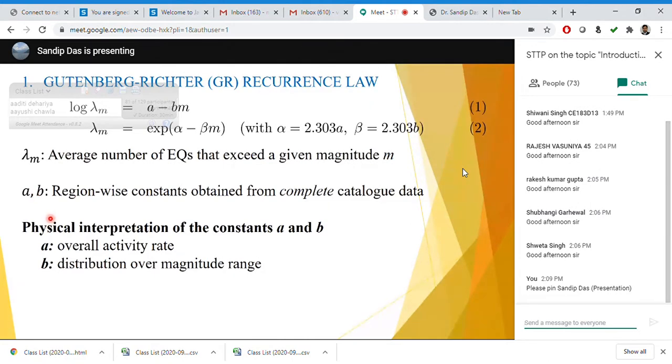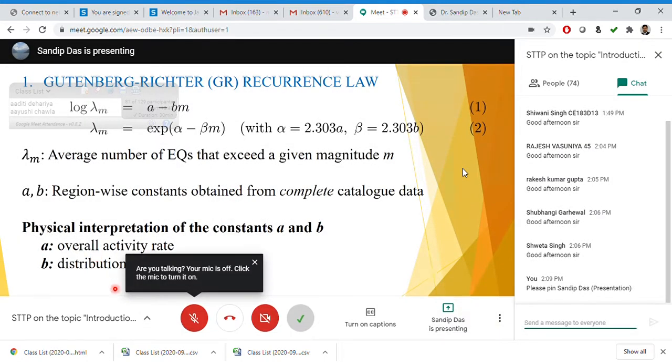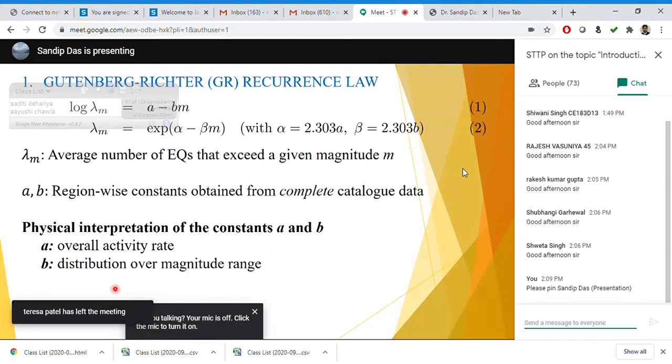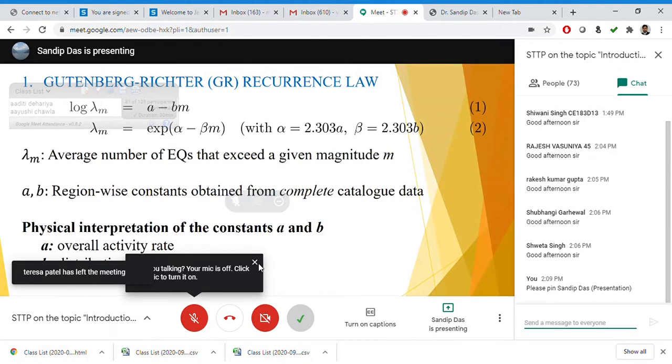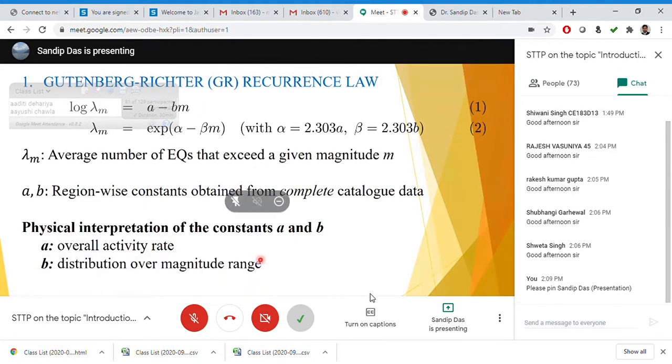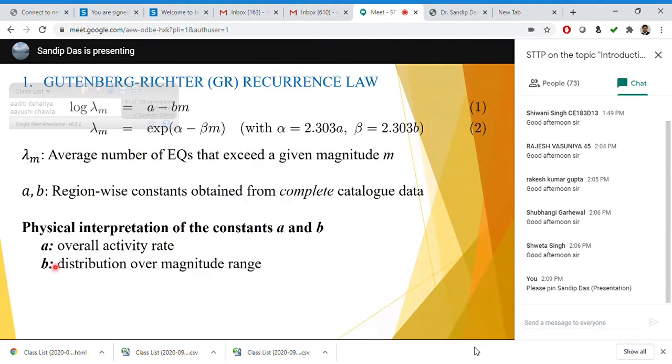Now what is the physical interpretation of these constants? You see that a talks about the overall activity rate. So if a region is seismically very active, then of course you are expecting a higher value of a. And b talks about the distribution over magnitude. So how the activity is distributed over various ranges of magnitude is governed by b.